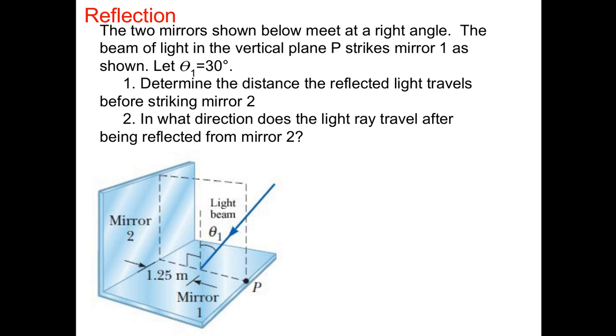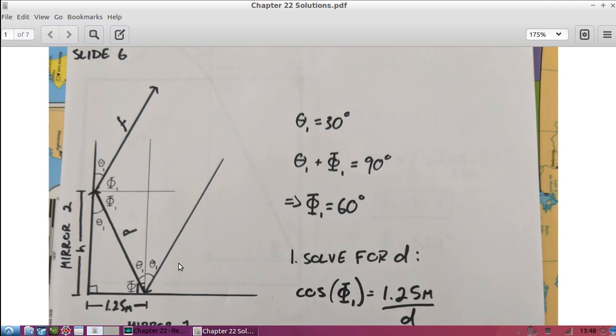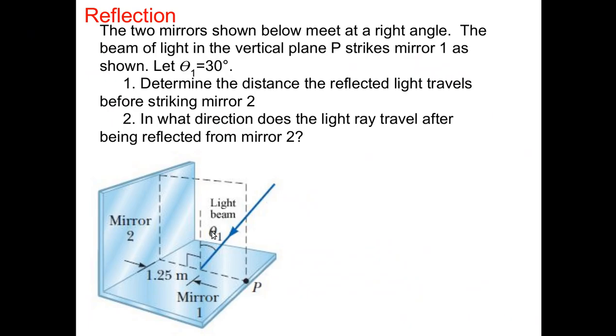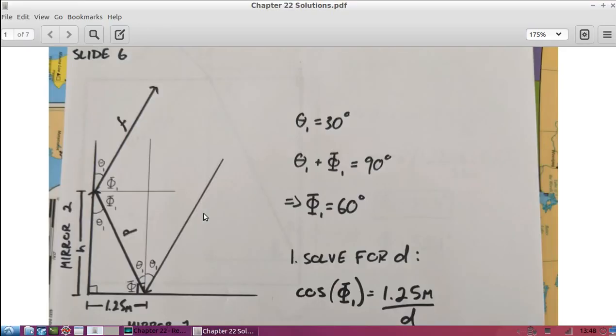Now we have some freedom as to how we want to describe that angle, but we're talking about directions, so just like vectors, an angle with respect to some surface or some axis is the best way to describe that direction. So I drew a picture, a 2D picture, like we're looking at the scenario in that direction.